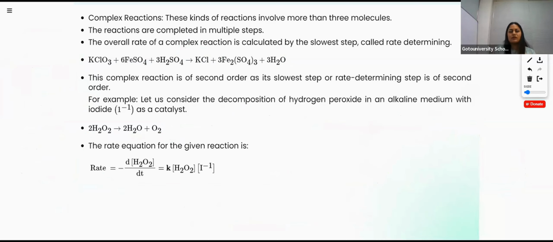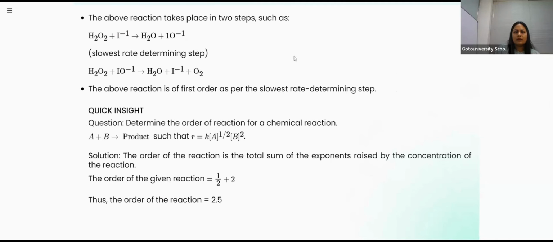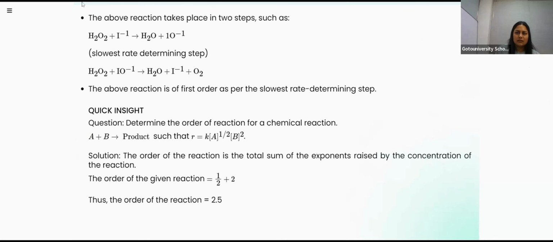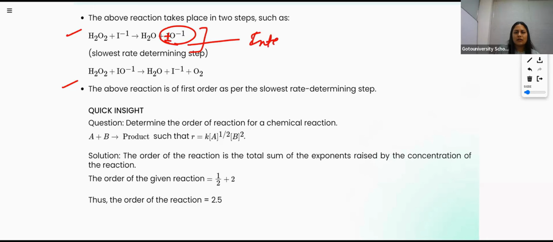I hope you have understood the molecularity concept pretty well. Now for the rate determining step of these reactions, they have discussed here that it is a two-step reaction, and the first step is rate determining, where this iodide ion is acting as an intermediate. All right, and the above reaction is first order, as the slow step is the first step.